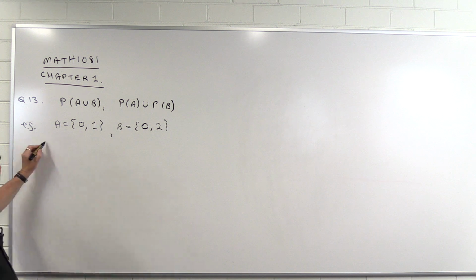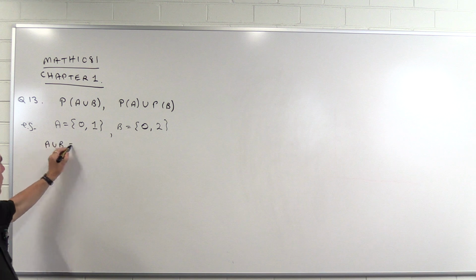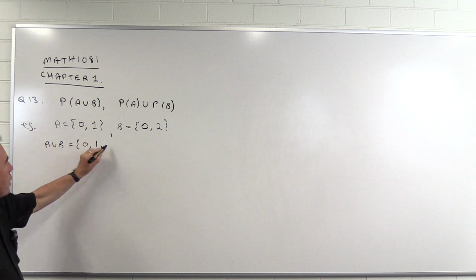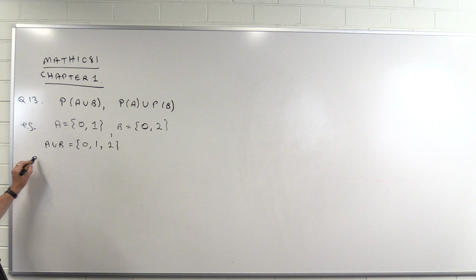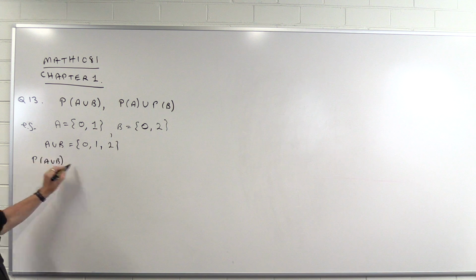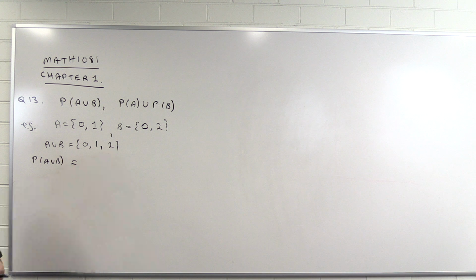So A union B gives me 0, 1 and 2, and I can work out the power set of that. You should already be thinking there should be 8 elements here: I've got 3 elements, and 2 cubed is 8.